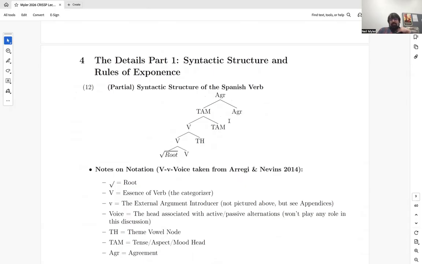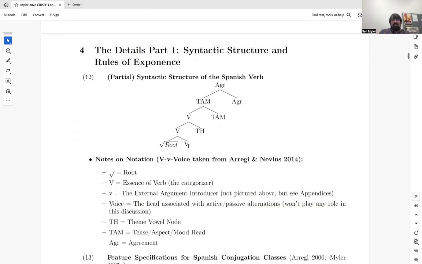One thing I've abstracted away from here is the possibility that there's a theme node attached to the TAM head as well. You could perfectly well adapt what I'm saying here to include that idea, and I think it's probably right, actually, at some level. But that doesn't really bear on what we're talking about, and so I'm abstracting away from that possibility, and I've just got a single theme node here adjoined to the verbalizer.